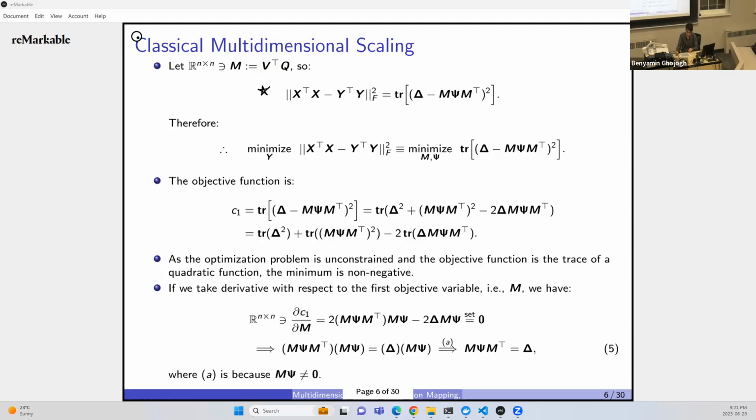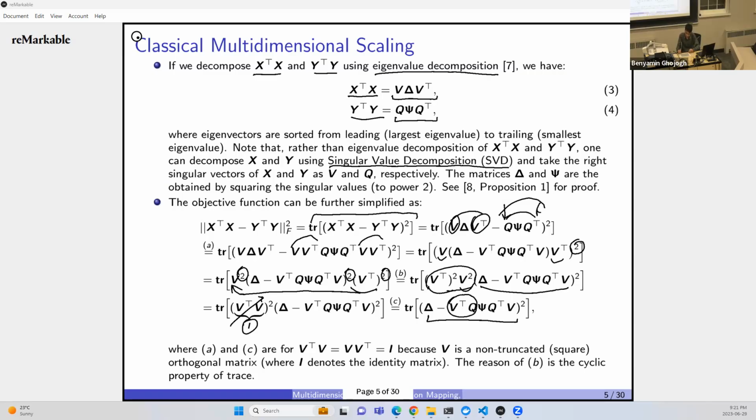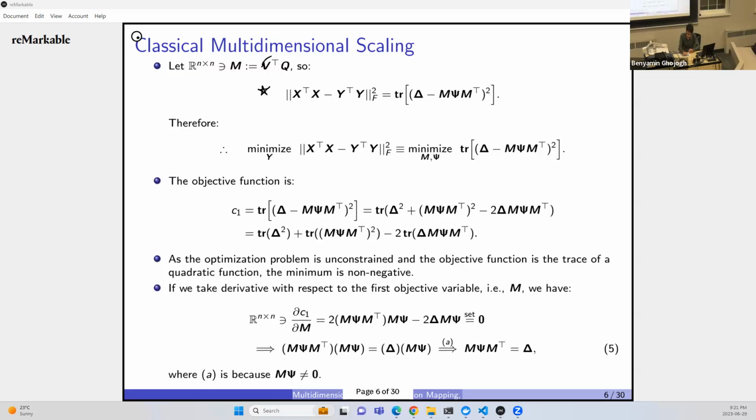By the way, here I denote V transpose Q by M. Therefore, I can write Q transpose V as M transpose, right? So we just proved this. Therefore, minimization of this is equivalent to minimization of this, but here we have a change of variable, right? Here we don't have Y anymore, or X. We have M and psi. What were M and psi?